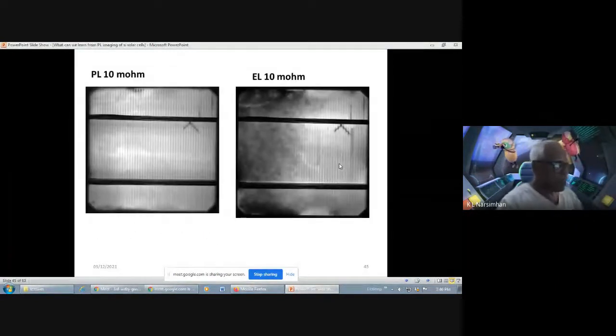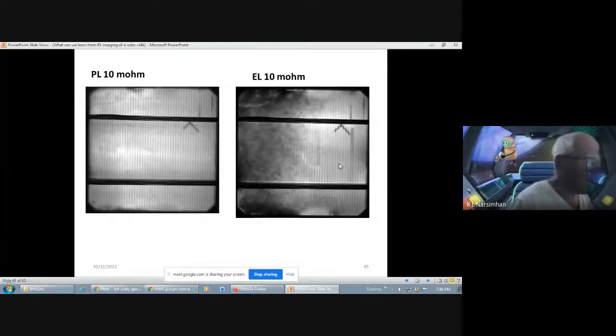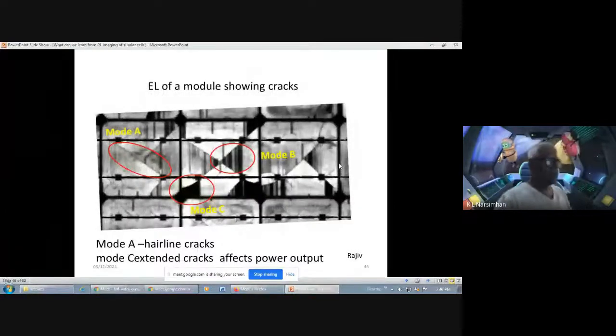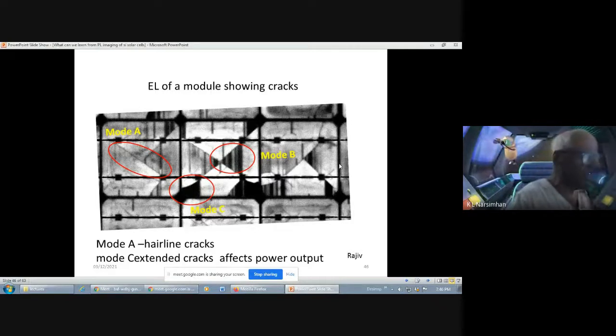All right. So EL complements PL in some sense. Now here is a module. So this is now very important. When I go to a field, to an installation, I have many modules in the field, and I want to know some things. The power has dropped. If you do an EL in the field, it's very difficult to do PL. I can do EL, electroluminescence, because I just have to use the power supply and do forward bias.